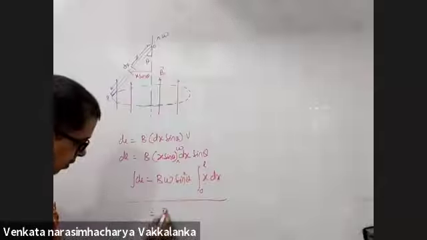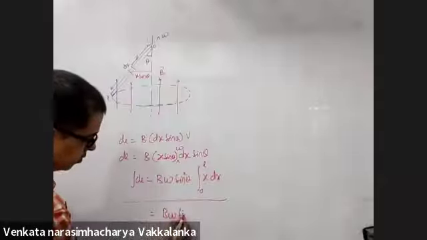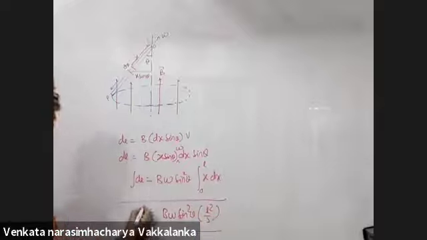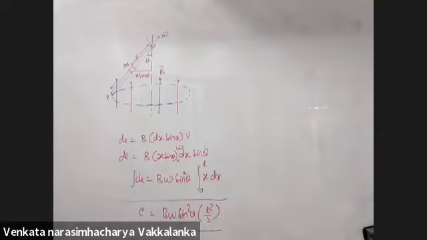Now we get the answer: B omega sine square theta into L square by 2. My bad. Radius is x sine theta and not x. Done, sir.